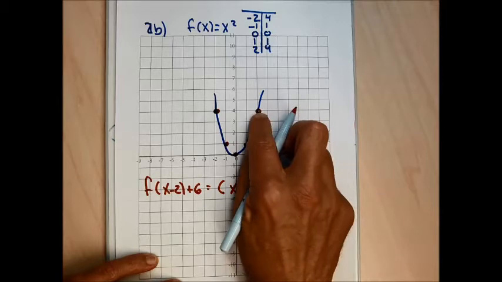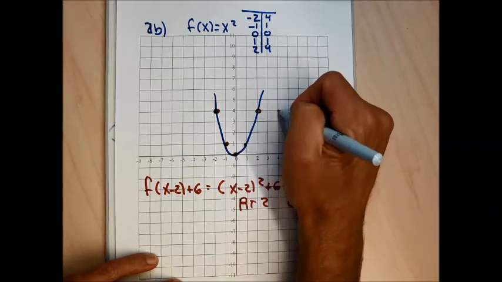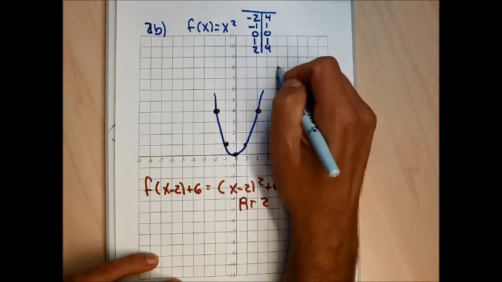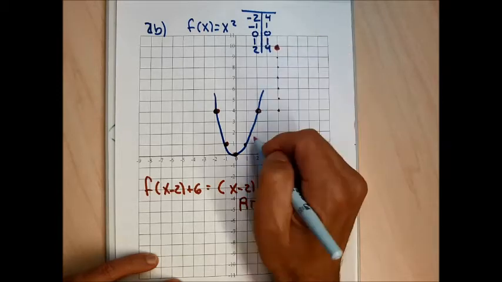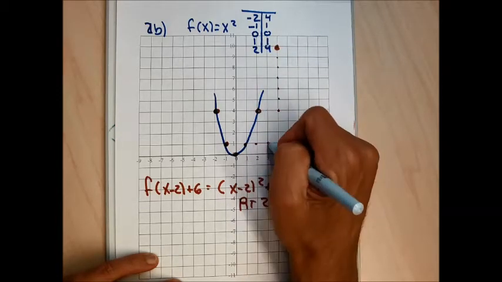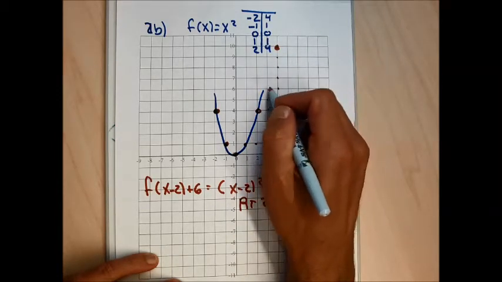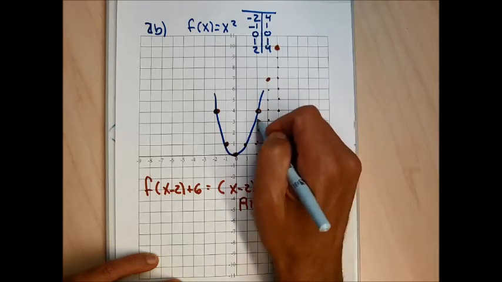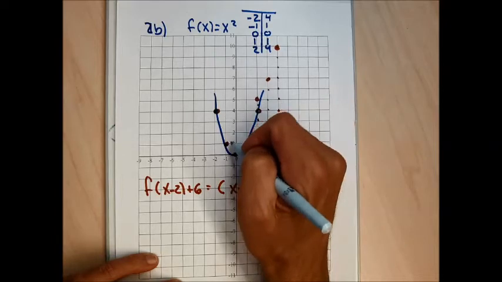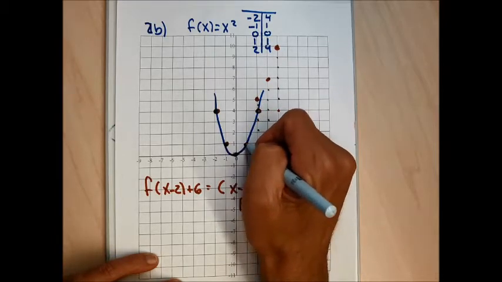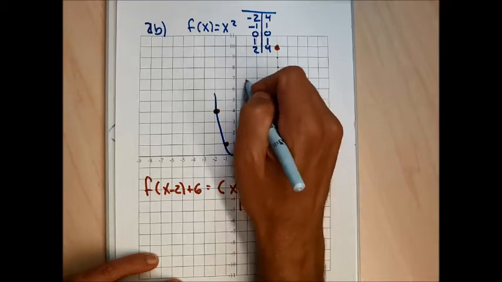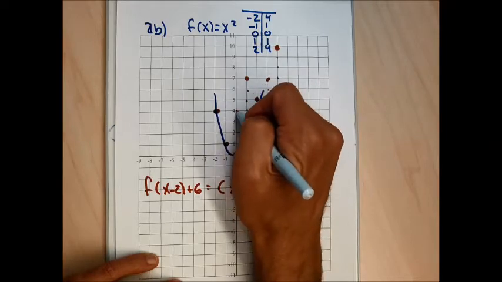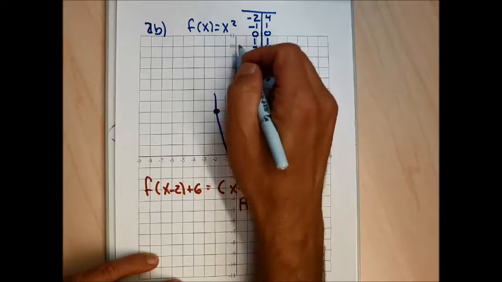So this point I'll start with, I'm going to go right 1, 2, and then up 1, 2, 3, 4, 5, 6. Now with this point, right 1, 2, up 1, 2, 3, 4, 5, 6. The vertex, right 2, up 1, 2, 3, 4, 5, 6. This point, right 2, up 1, 2, 3, 4, 5, 6. And this point, right 2, up 1, 2, 3, 4, 5, 6.